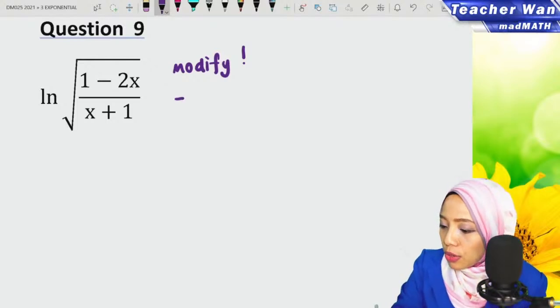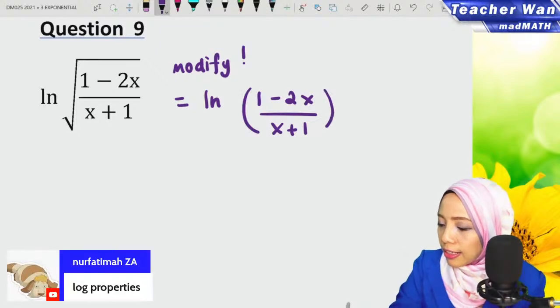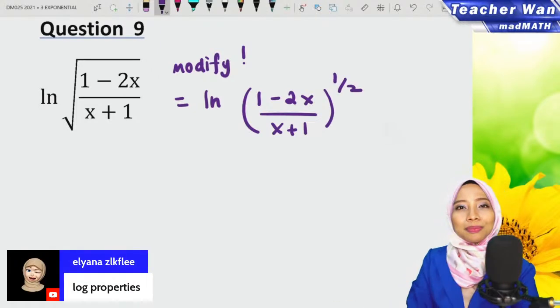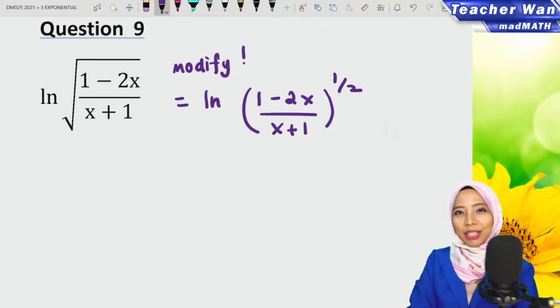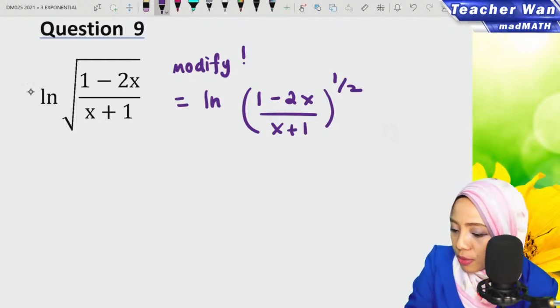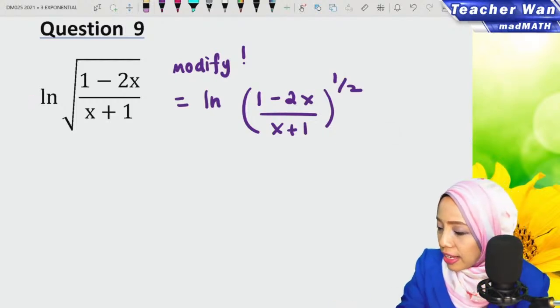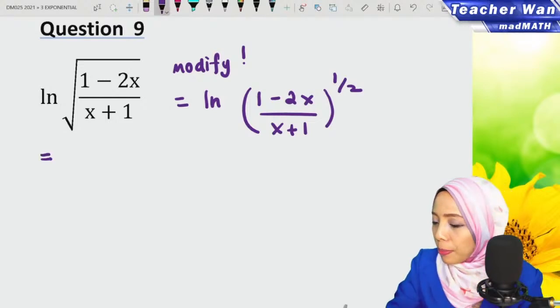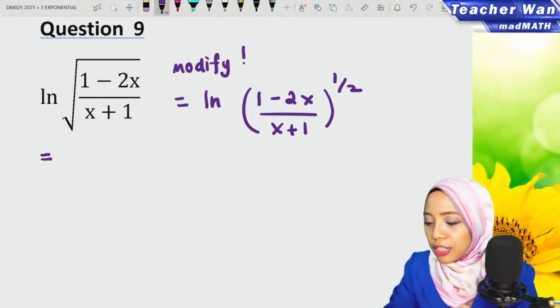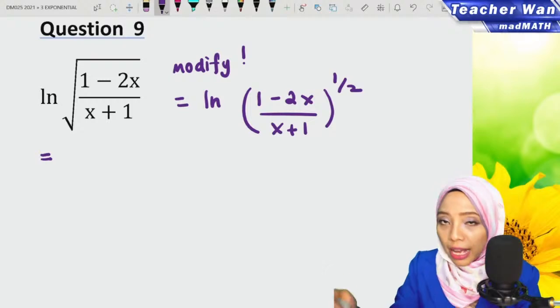Okay, so ln 1 minus 2x over x plus 1. And then there is 1 over 2. Okay? So this I haven't differentiated. I haven't differentiated. I am using log properties. I haven't used the log properties on this one yet.